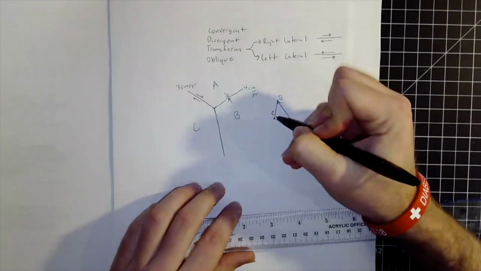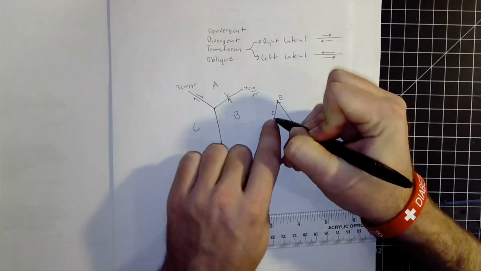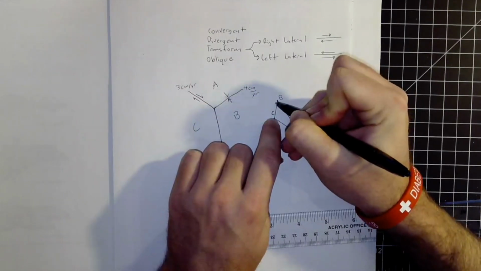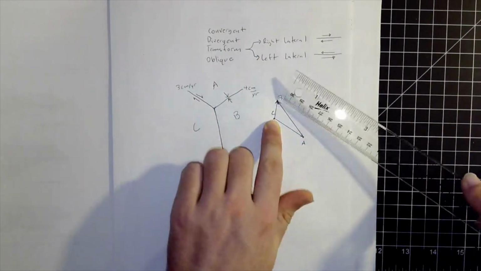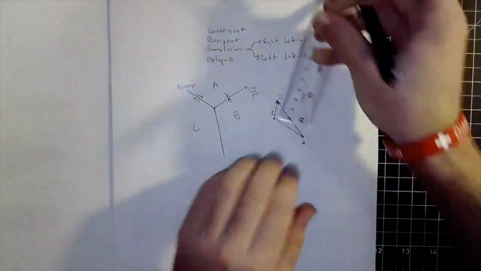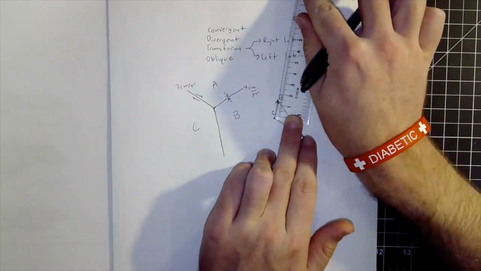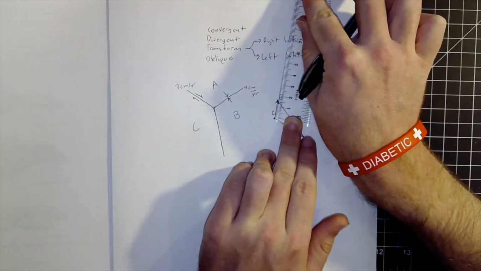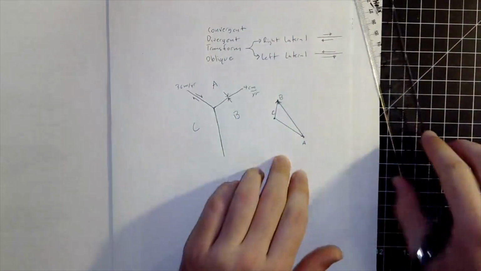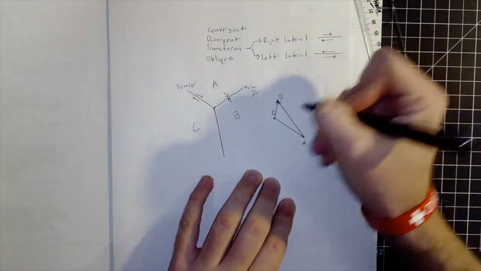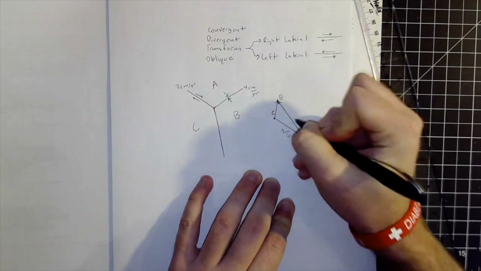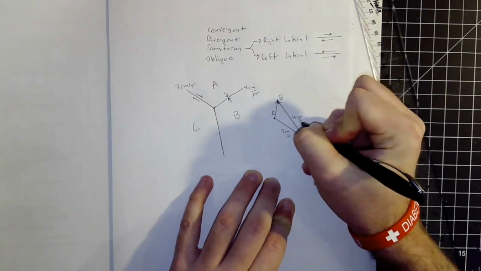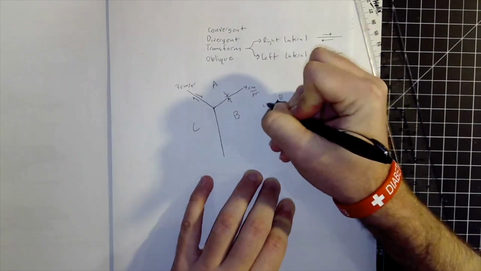So let's say we're fixing C. Well, that means that B is moving very slightly east of north with a velocity of 1.5 centimeters per year. So I could label these. This is 3 centimeters per year, 4 centimeters per year, and 1.5 centimeters per year.